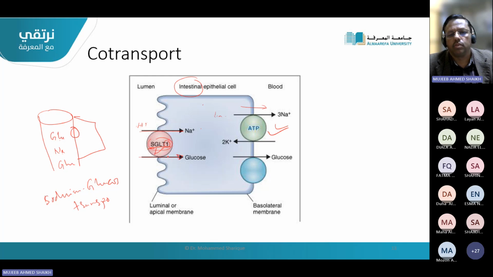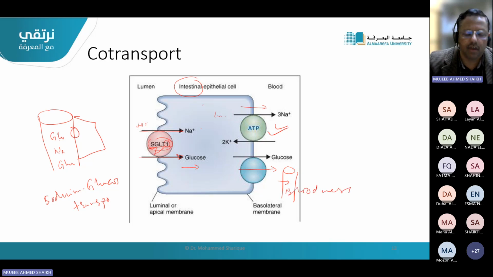So this is how the glucose will be absorbed into the intestinal epithelium. Then it will leave the epithelium and reach the blood vessel. Both of them are moving in the same direction, inside. So this is co-transport.